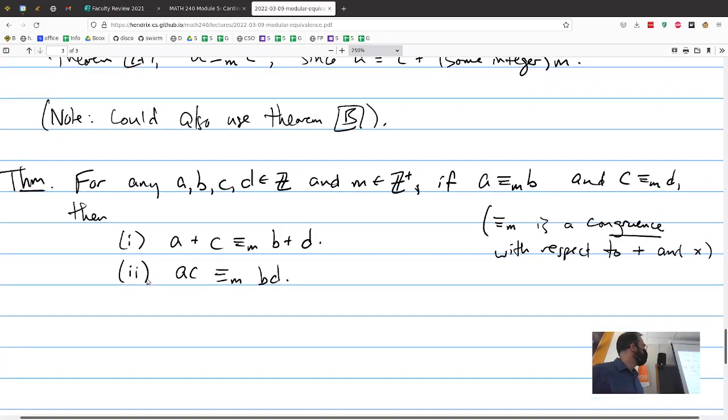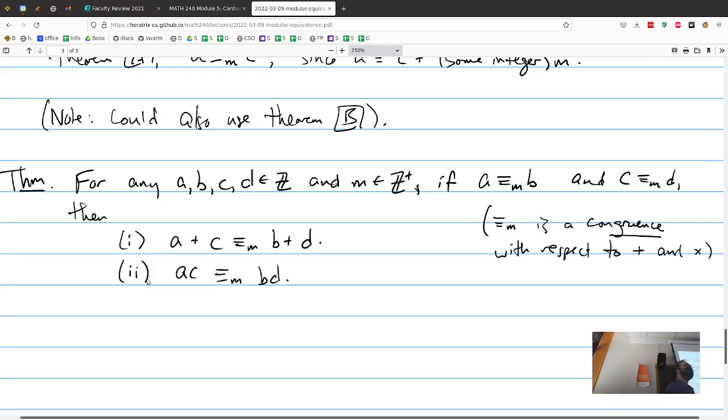Okay. So I think what I want to do is start by proving maybe part 2, and then think about the proof and think about why this isn't true for division. Unlike normal equality, where I can do whatever I want to both sides of an equation, and if I do the same thing to both sides, it's still going to be true, right? But that's not for this modular equivalence.